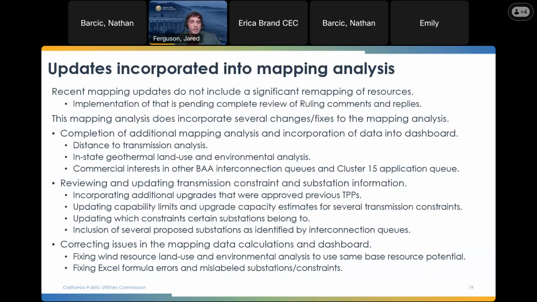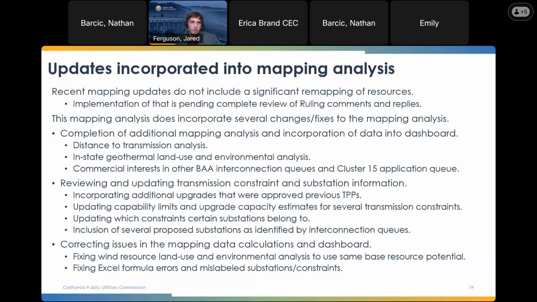So there's been several constraint adjustments we've made through either the capacity limits of existing constraints or the capability, the amount of megawatts certain upgrades could provide. And so we've been working with ISO to have the constraint and substation information, transmission information better align with what this system is actually showing.